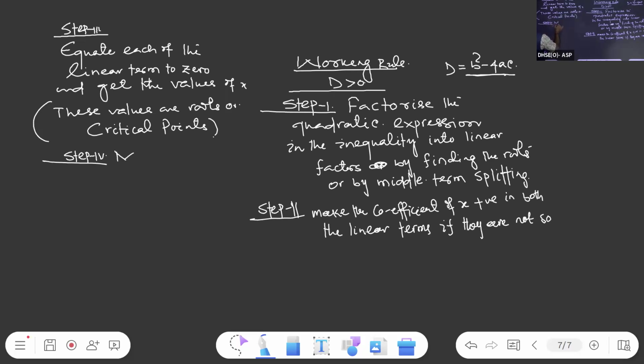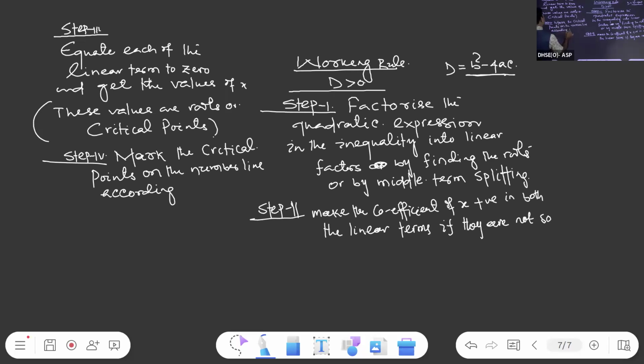Mark the critical points on the number line according to their order relation. Order relation means the smaller number will be on the left hand side and the larger number on the right hand side.